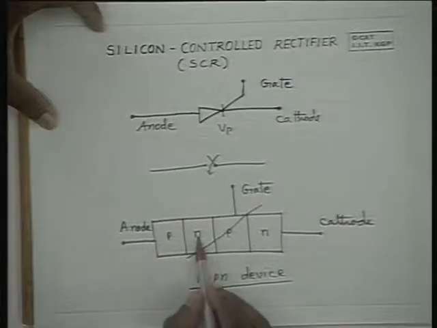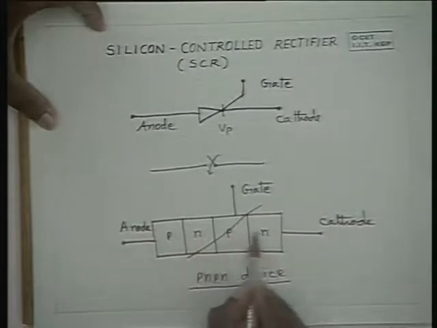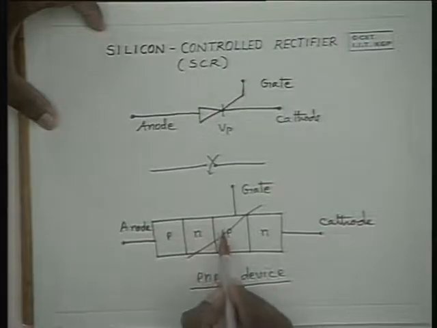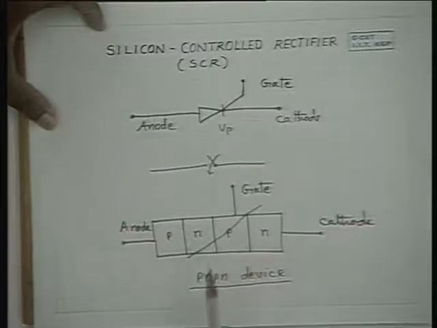The N of this PNP transistor is shorted to the N of this NPN transistor, and the P of the PNP transistor is connected to the base P material of the NPN transistor. It is convenient to view it like this for understanding the operation of the device.